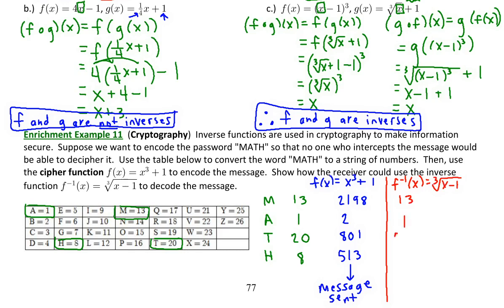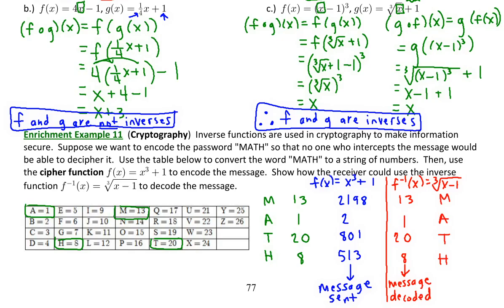F inverse of 801 is 20, and F inverse of 513 is 8. Then that is the message received, or the message decoded. And then very simply, we can convert those numbers back to their equivalent letters to get the secret password M-A-T-H.